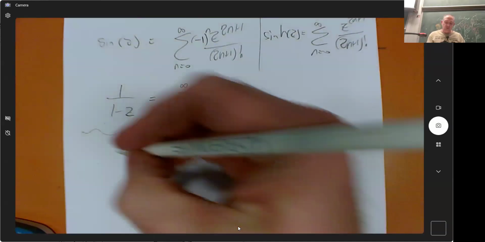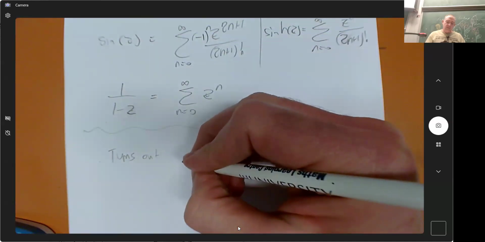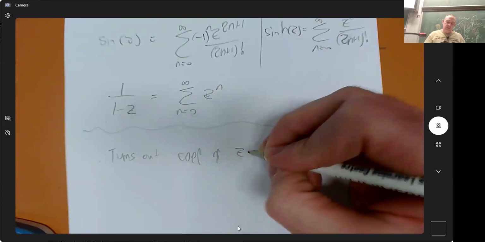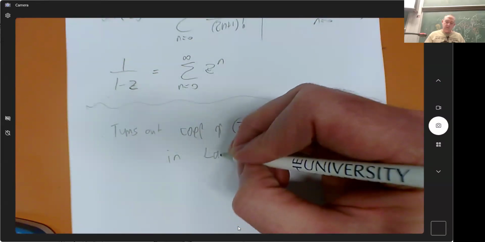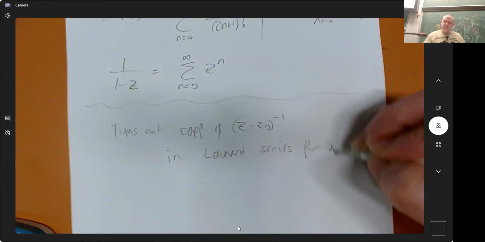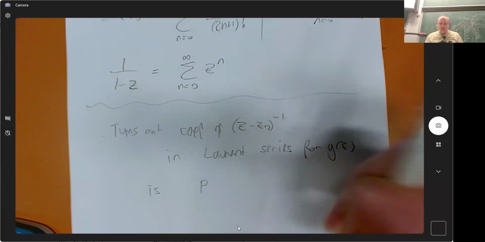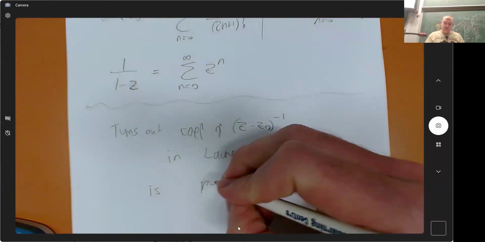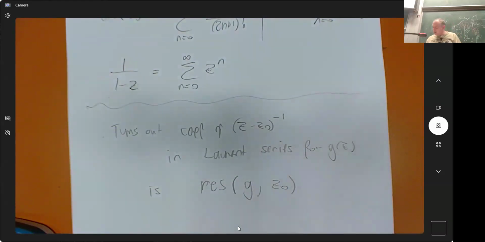So that's not the definition, but it turns out that the coefficient of z minus z naught to the -1 in the Laurent series for g of z is the residue. Is that a small r? Yes, it does. Is the residue of g at z naught. Is that right? Cool. That's how it turns out.